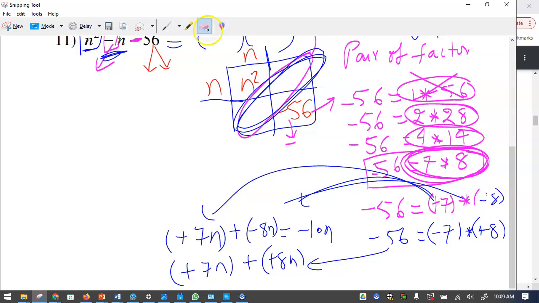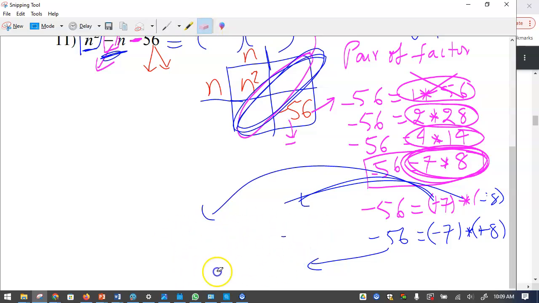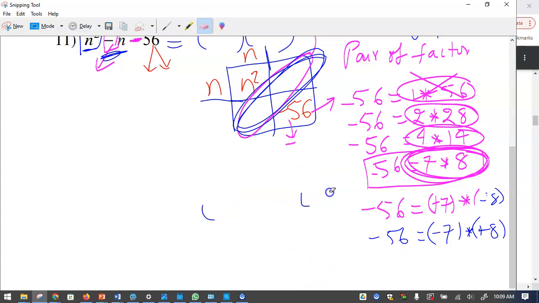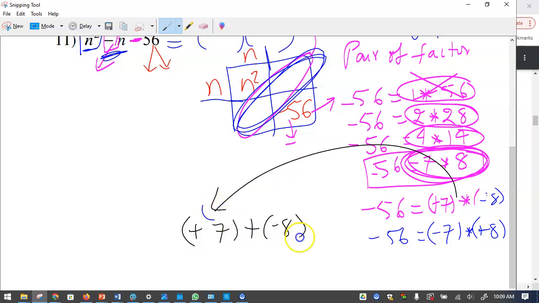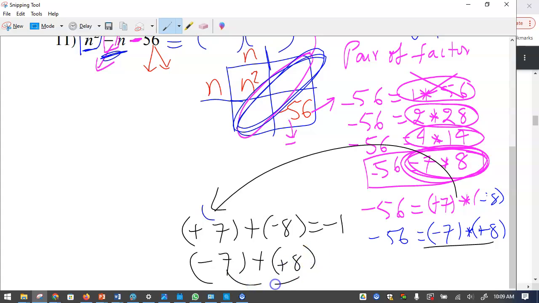Now you don't even have to write this n. You can just say which one, if you combine, gives you what we need. If I combine plus 7 with minus 8, the answer is minus 1. And if I use minus 7 and combine it with plus 8, of course, this will give you plus 1.